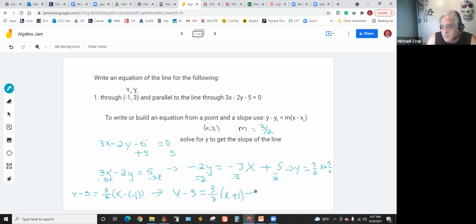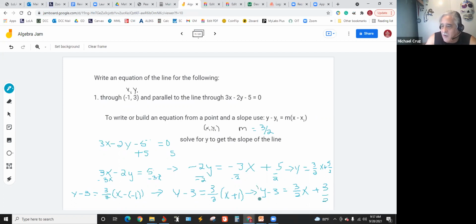So the next thing I'm going to do is multiply all of these things by 3/2 on the right. I'm going to distribute that 3/2. So that means y minus 3 is equal to 3/2. This is going to be a little bit of a messy one. And then 3/2 times 1 is just 3/2. All right.